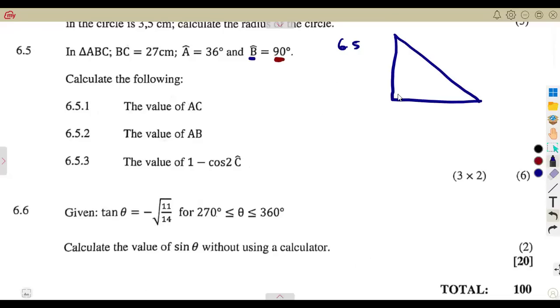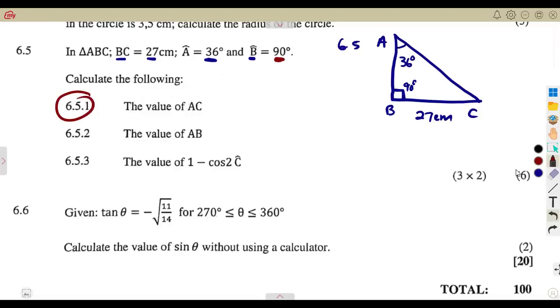At angle B. So B is the one that is at 90 degrees. BC is 27 centimeters. Angle A is 36 degrees. So you just needed a sketch.